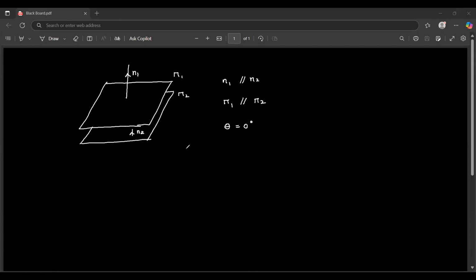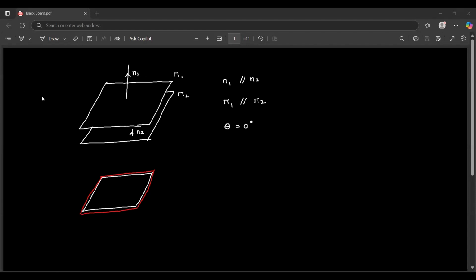And if pi 1 and pi 2 are overlapping, then also theta will be equal to 0 degrees. It looks like this. We have a plane like this, and we have another plane exactly represented by using another equation. It is exactly the same plane represented using another equation.